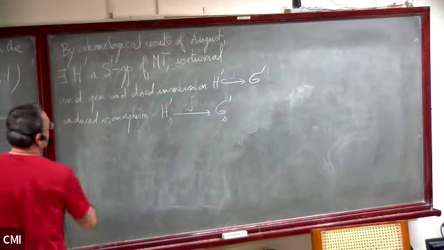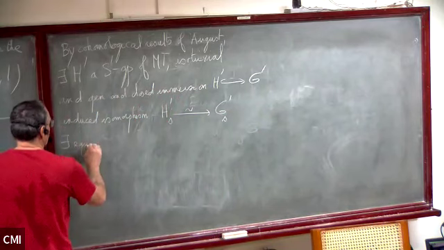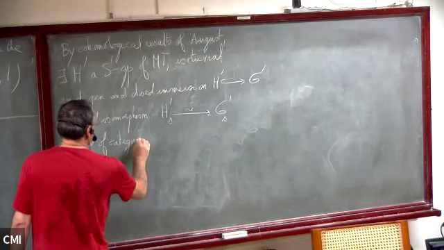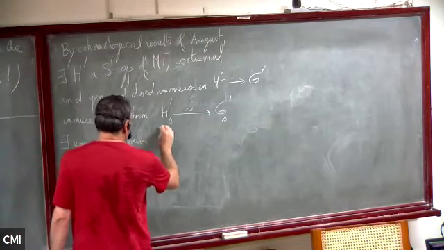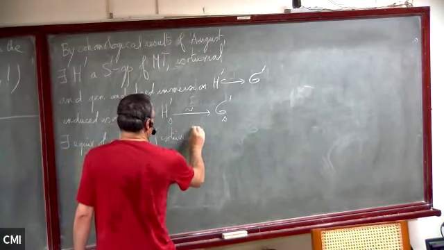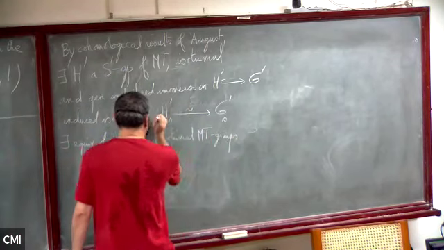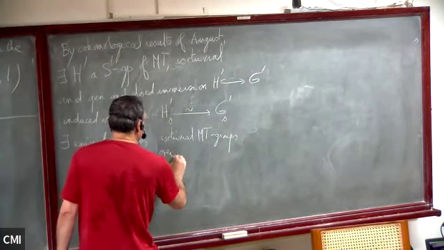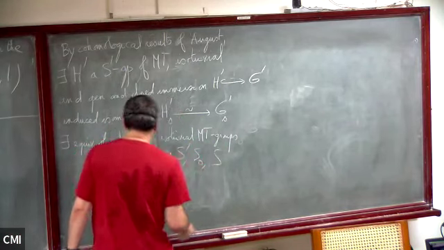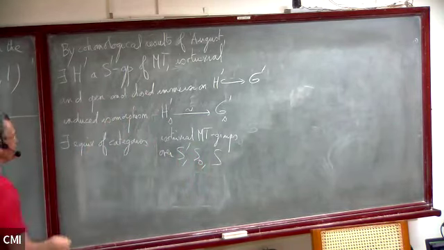Okay, and also there is an equivalence of categories between isotrivial multiplicative type groups over S', S0, and S. So this is also contained in the lectures.